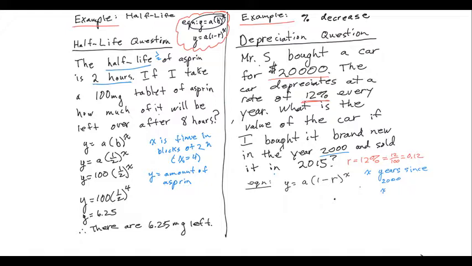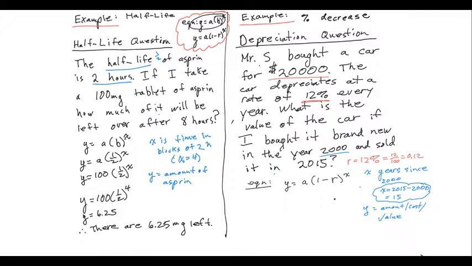So we have x is equal to 2015 minus 2000, basically 15 years. So that is what we'll be using for x in our final calculation. And we say that y is equal to the amount, or the cost of the car, or the value of the car.